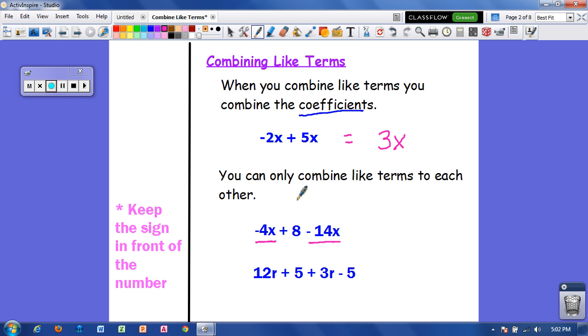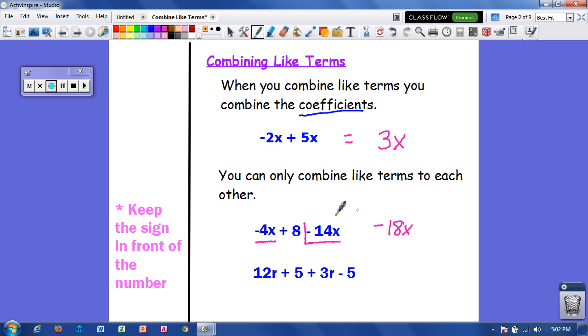It's not the same. So what I'm going to do is I'm going to take negative 4x minus 14x. I want to make sure I keep the sign in front of the number. So if you put in your calculator negative 4 minus 14, you get negative 18, and that had an x behind it.